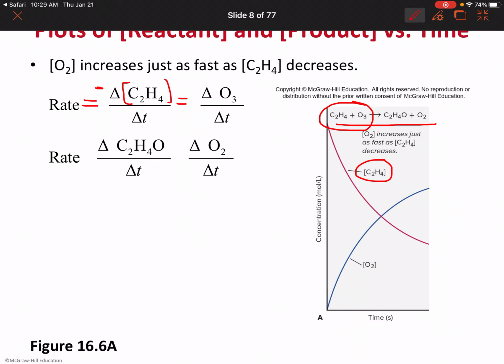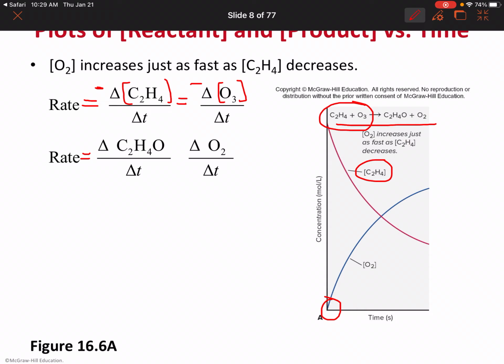And in terms of ozone, ozone is also a reactant, so negative delta ozone over delta T would be the rate. And we can also write the rate in terms of products. So this is the oxygen concentration. At the very beginning, we have not made any oxygen. When you add C2H4 and ozone together, they start reacting and the oxygen concentration increases.